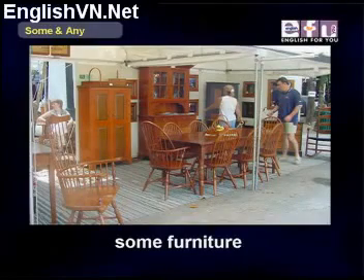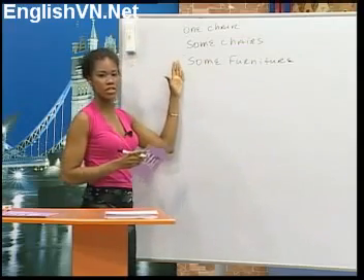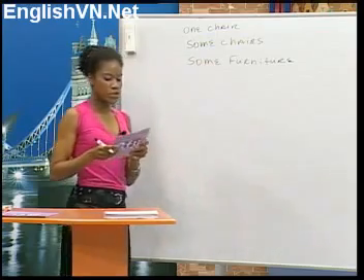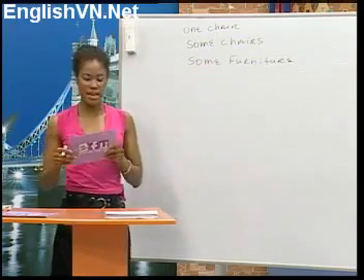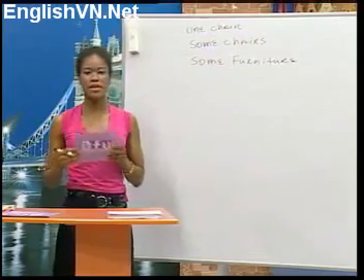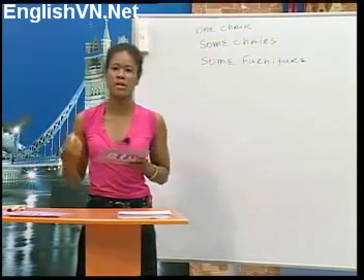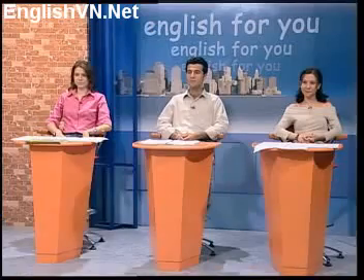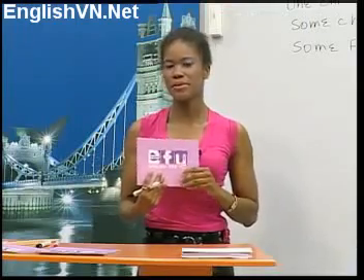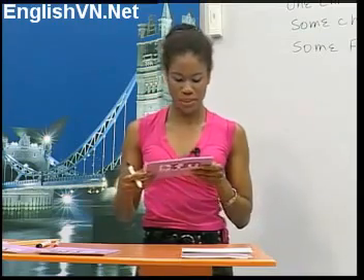Or for non-count nouns, we have some furniture. So, with non-count nouns, it means there is a quantity of something. There is an amount of something. Now we're ready to practice count, non-count nouns, and some.